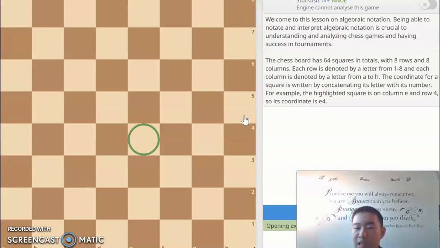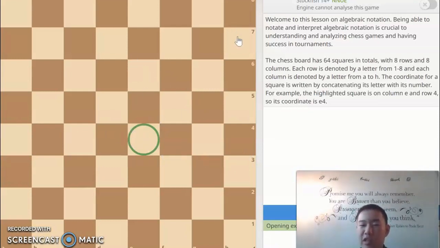And each column is denoted by a letter from A through H, as you can see here on the board. The coordinate for a square is written by adding its letter with its number. So, for example, the highlighted square here on the board is on column E and row 4. So its coordinate is E4.